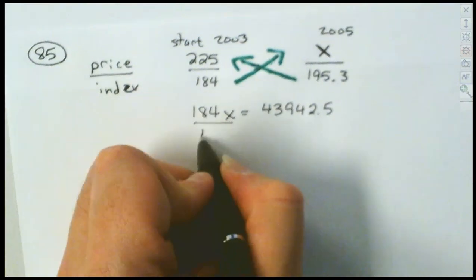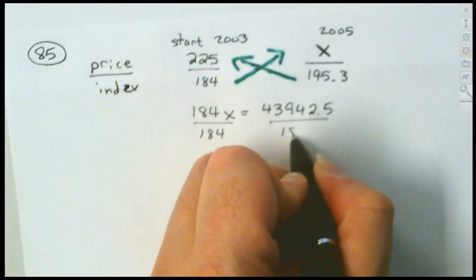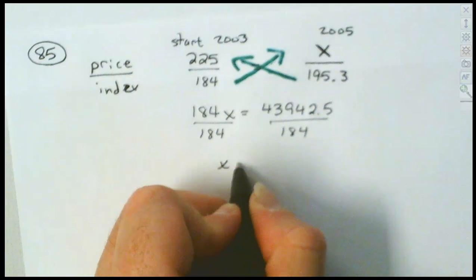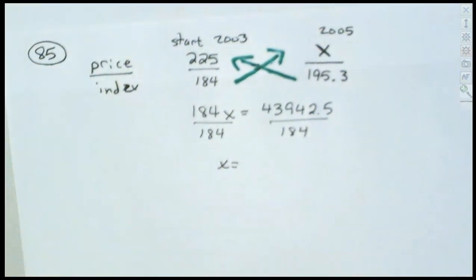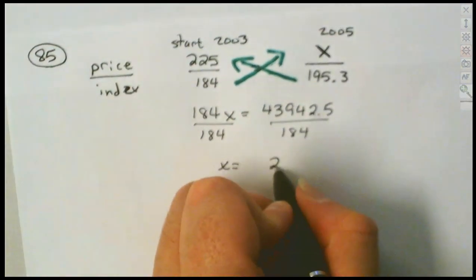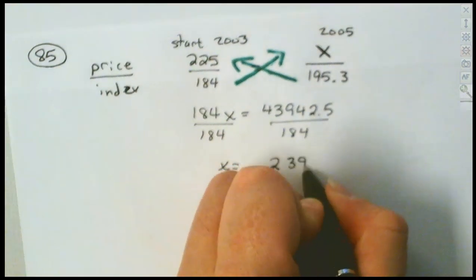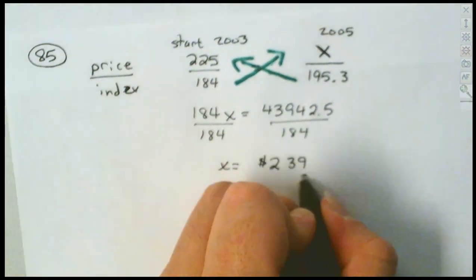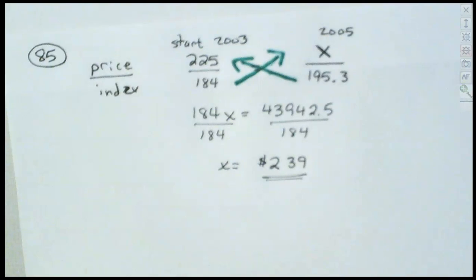We'll divide both sides by that 184, and then round to the nearest dollar. Rounding to the nearest dollar, $239.